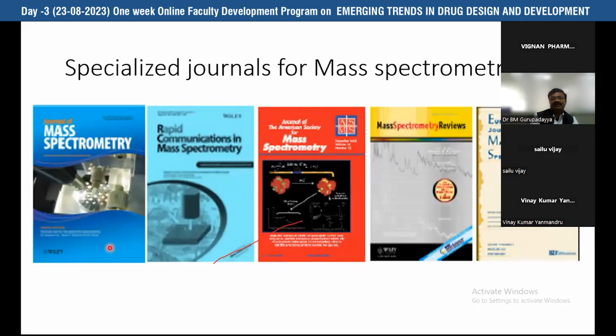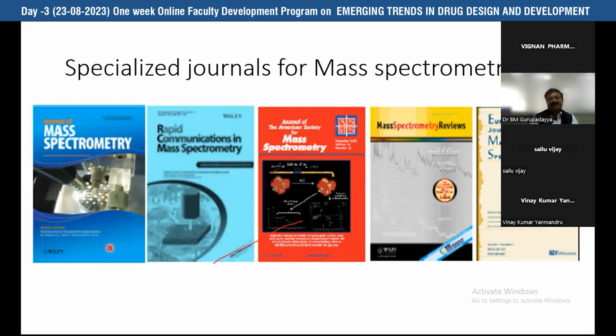By mentioning the standard journals currently available in the market, it is helpful in understanding mass spectrometry well. Of course, I have not gone into more detail about how mass spec works. Everywhere, the ultimate detection of the drug is by mass spec. The best journals for current research can be understood by referring to these standard mass spec journals.